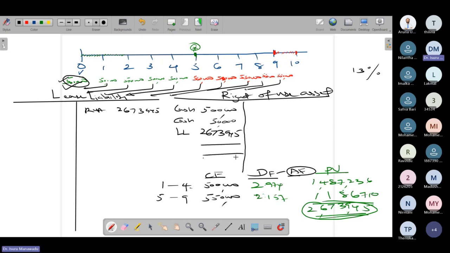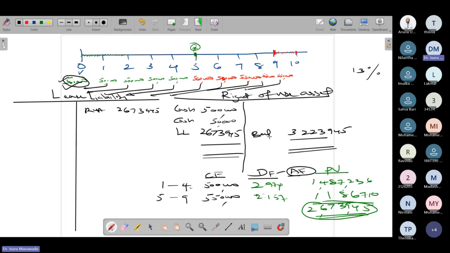Right. So initially, this is the cost of the right of use asset. Take the total cost of the right of use asset. What's the total cost of the right of use asset? The total cost is 3,223,945.